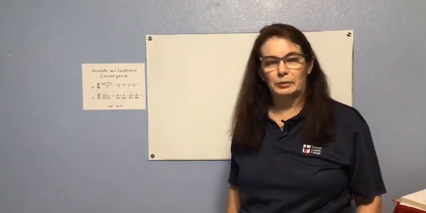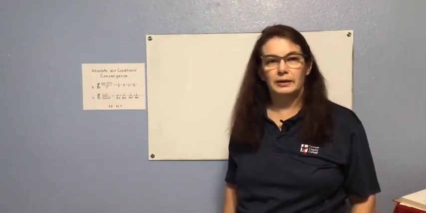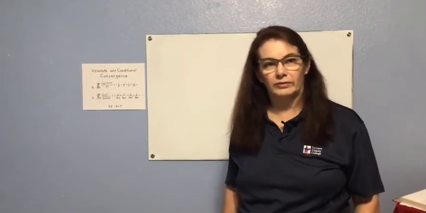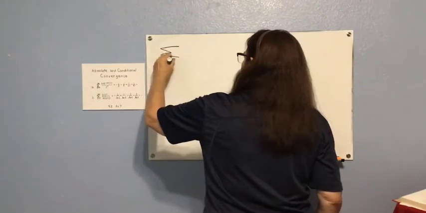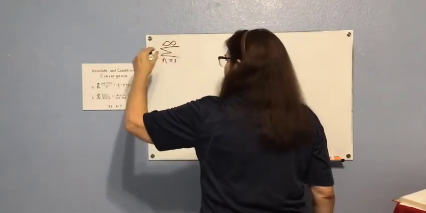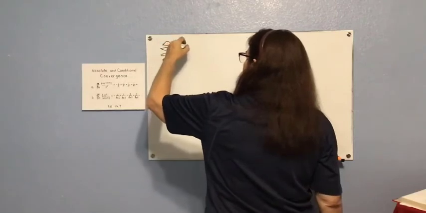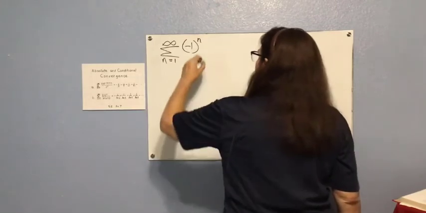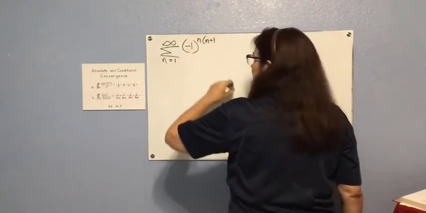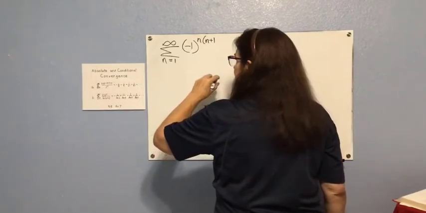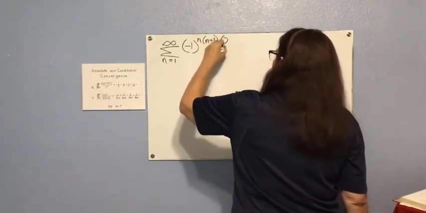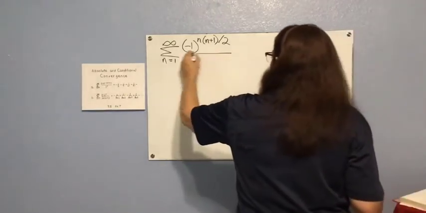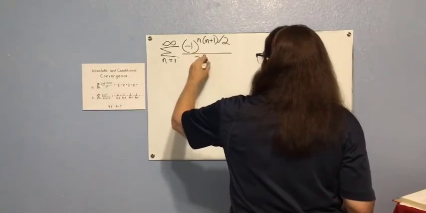In our last example, we're going to look at two more series and determine whether they are convergent, conditionally convergent, or divergent. And this one is negative 1 to the n times n plus 1 over 2, over 3 to the n power.